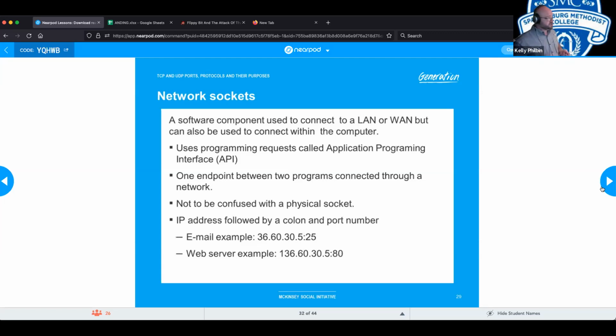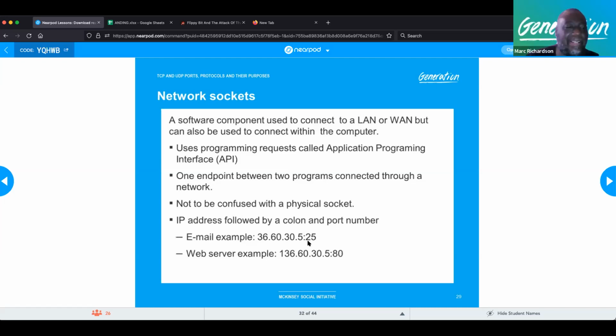How I would do this is if I was typing in an IP address, I would type it in like this, 136.60.30.5, and then I would put a colon and then mark it 25 because that's the port I want to talk to. What port is 25? It's not a rhetorical question. What port is 25?